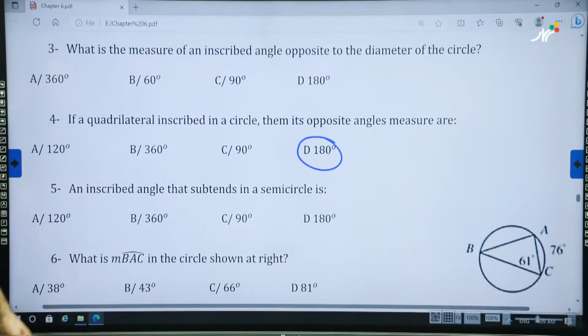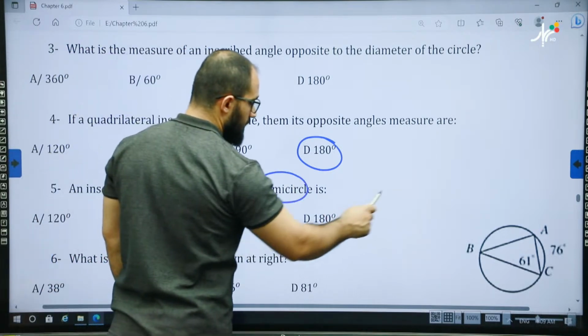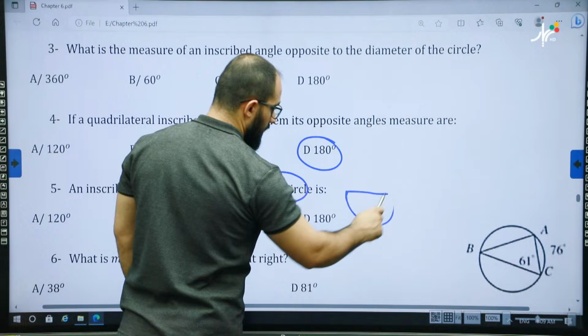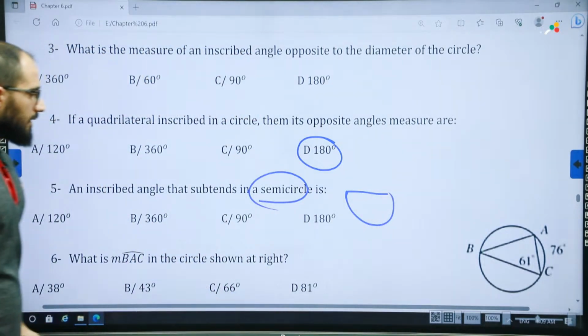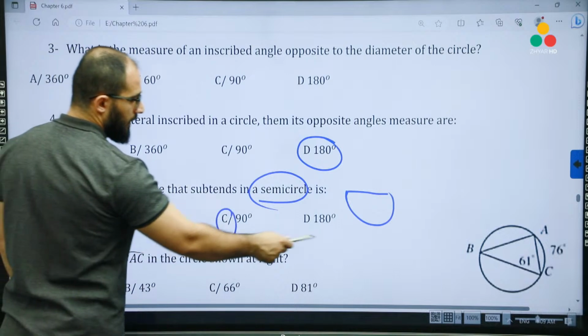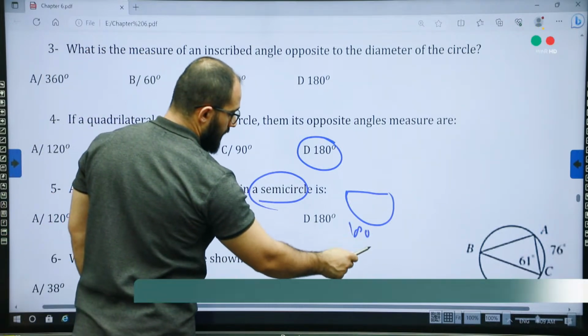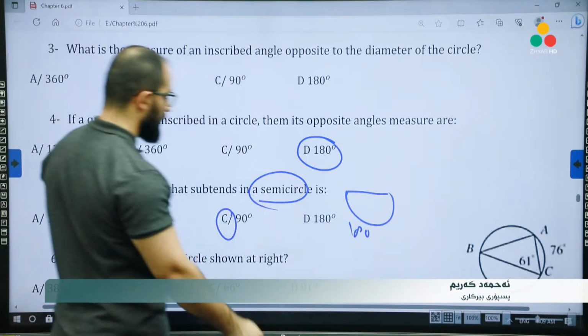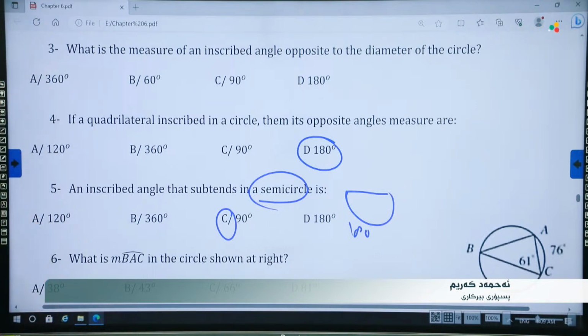Okay, a semicircle is half a circle, so it must be 90. It must be 90 because a semicircle is 180, and for the angle divided by 2, it's going to be 90.